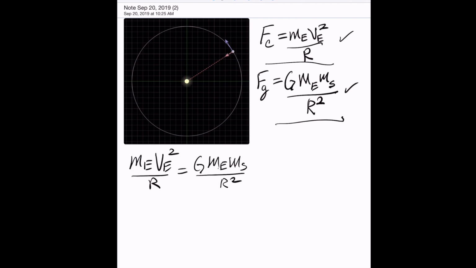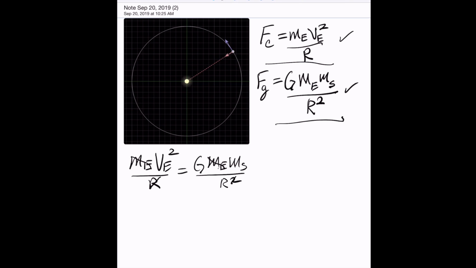First of all, I wanted you to see that the mass of the Earth actually falls out of this algebraically. In a system where the object going around is really small and it's in a circle, the mass of the object that's doing the orbiting is not part of the relationship. You'll also notice that one of the distances to the center, the r's, cancel out.